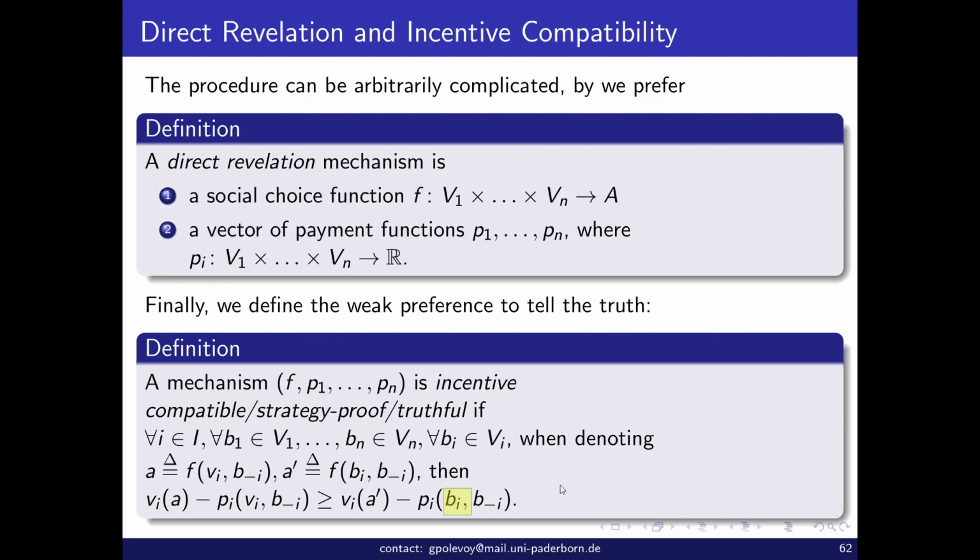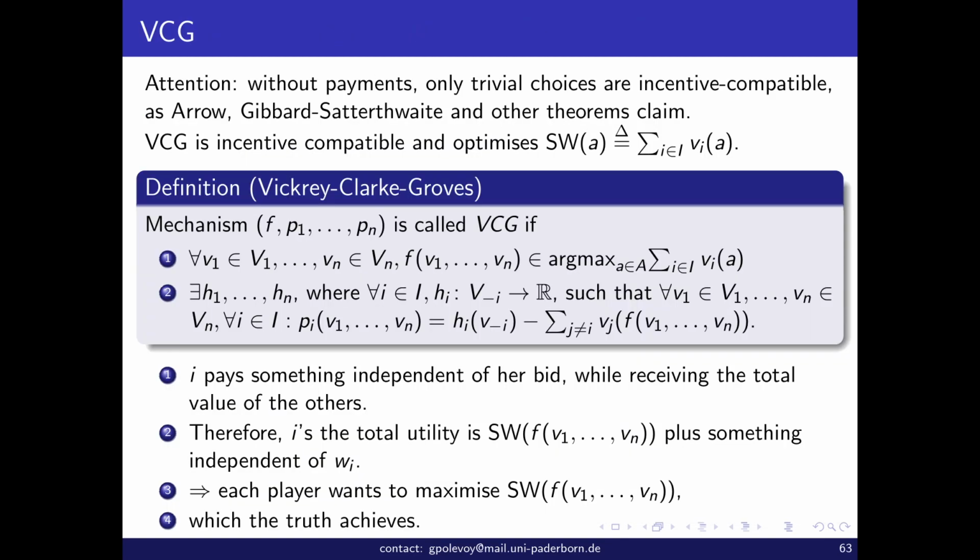So the social choice function f can be only such trivial functions where there is only one player who basically dictates what happens. Only trivial functions can be implemented. We cannot implement, for example, the optimum, here the maximum.